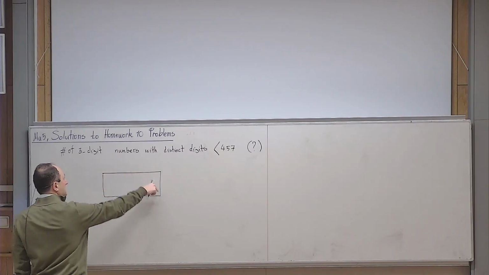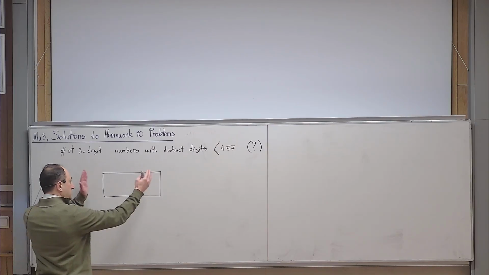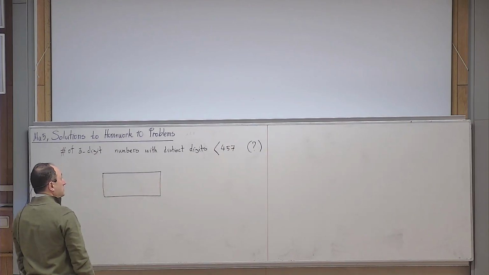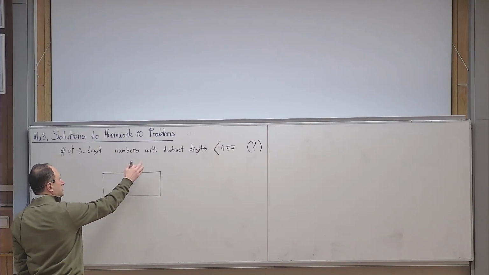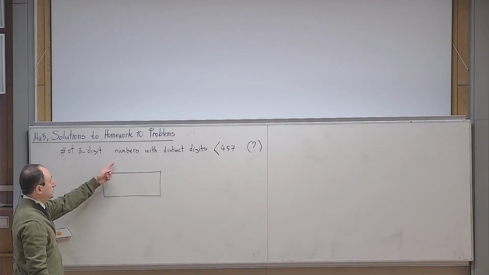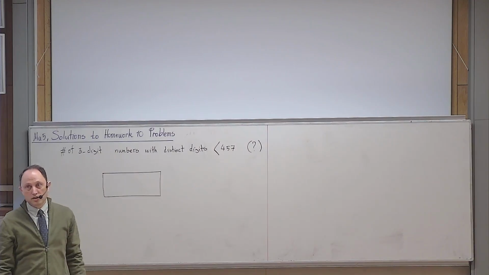So this is the total number of 3-digit numbers less than 457. Okay, so let us say that in this box, I am writing all those numbers that I want to count, meaning a 3-digit number with distinct digits less than 457.